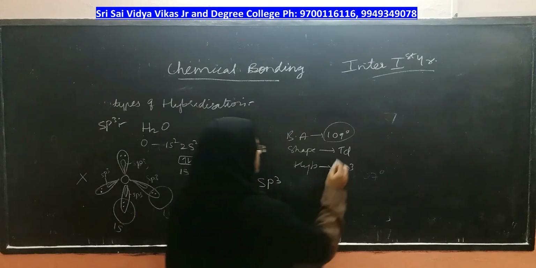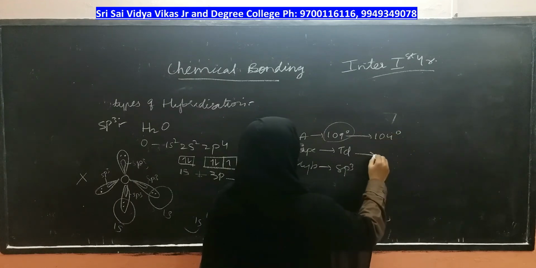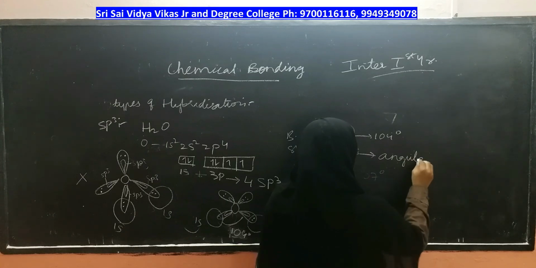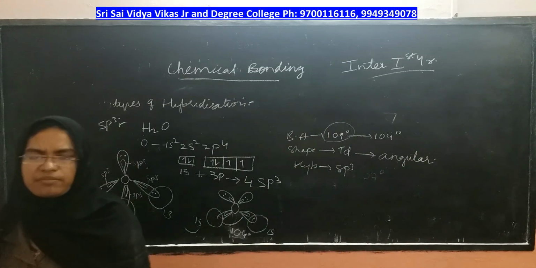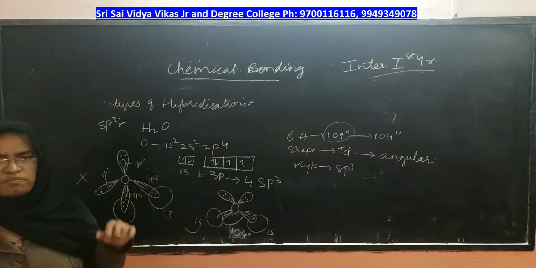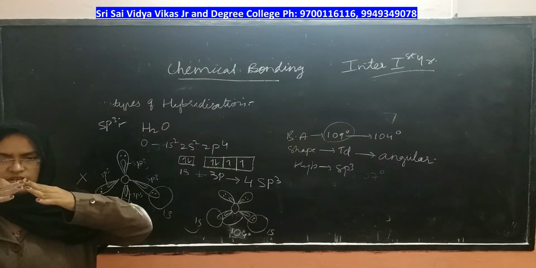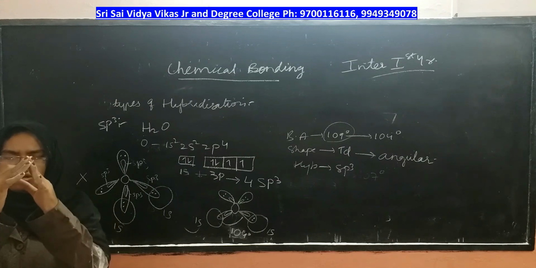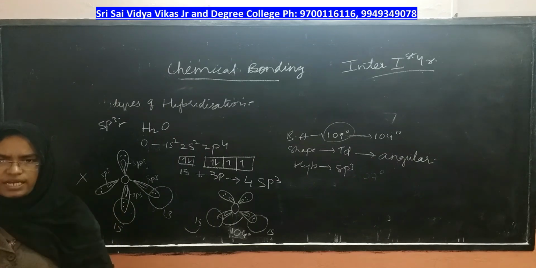And the shape is not tetrahedral but angular. Okay, this is the water molecule in which the same sp3 hybridization takes place, but because two lone pairs are added, to avoid repulsion, if 109 is the bond angle between these two, they bend a little more and it becomes 104 and the shape becomes angular, like an angle, right?